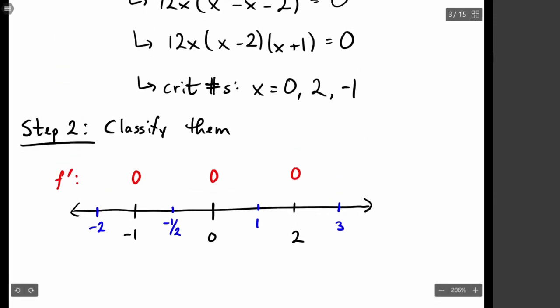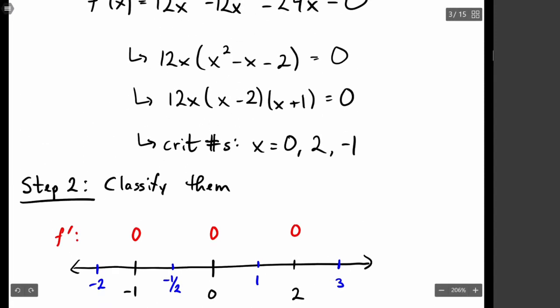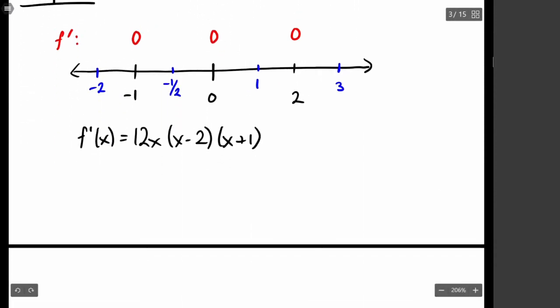So f prime, we know that f prime of x is 12x, x minus 2, x plus 1, right? We factored it earlier, right, up here. Okay? Now, what's really great about this is, since we're only interested in the sign, we can just look at the sign of these three components individually.